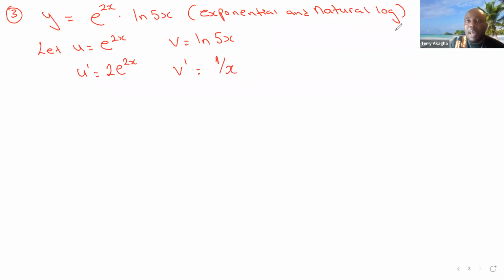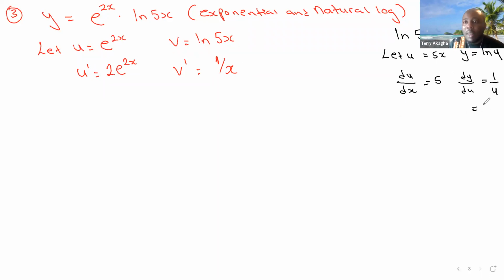So if, for instance, we have ln 5x, we say let u be equal to 5x. So y is going to be equal to ln u. Can you see? So du/dx is going to be equal to 5, and dy/du is going to be equal to 1 over u, which is 1 over 5x.